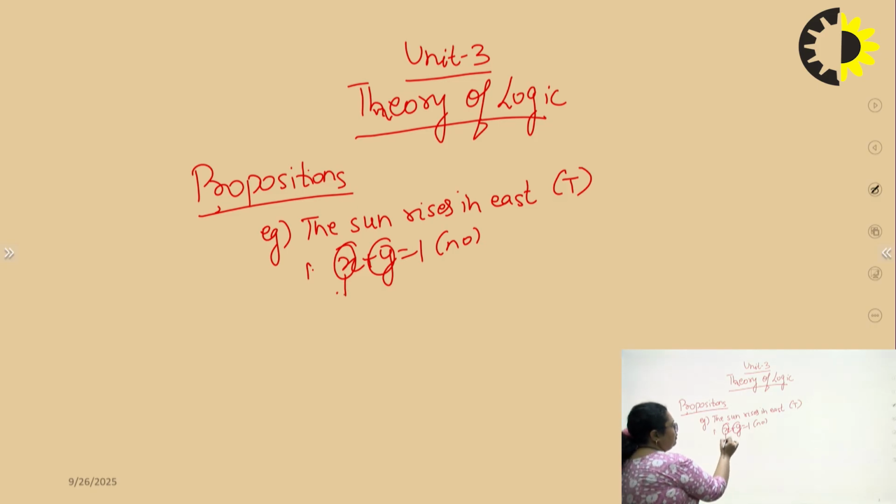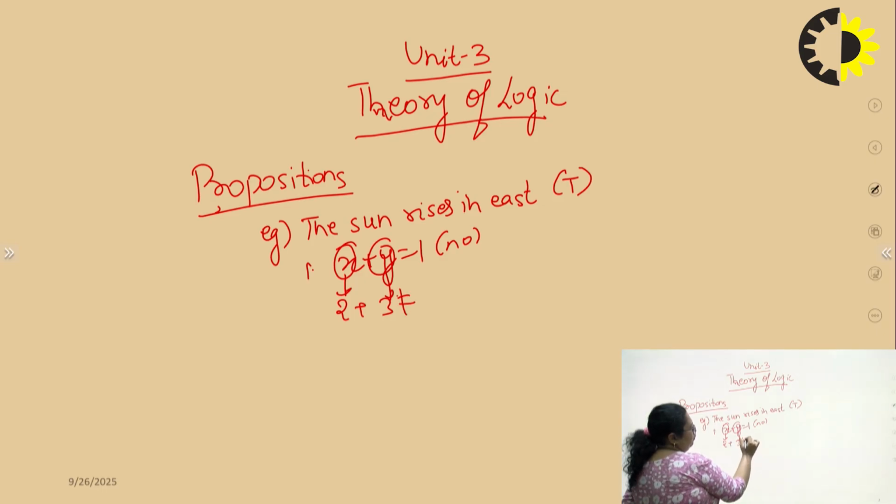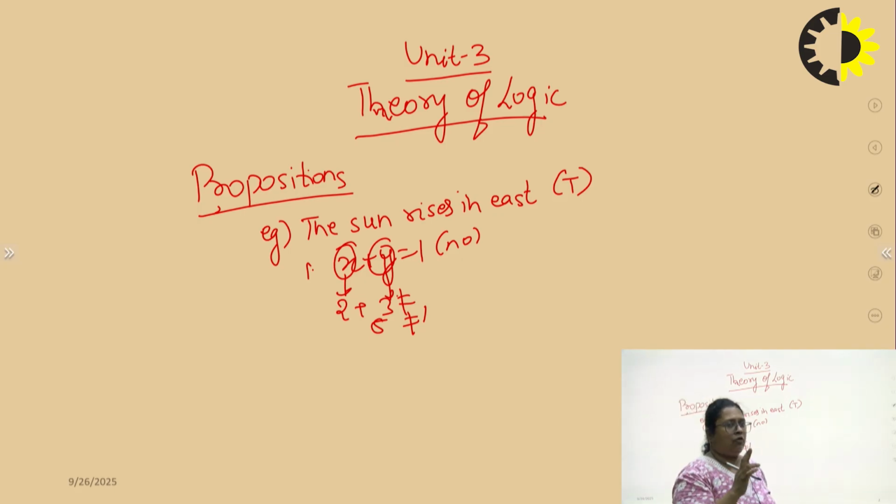Like, suppose the value of x is 2 and the value of y is 3. Then 2 plus 3 is equal to 5, which is not equal to 1. So we can say that x plus y equal to 1 is not a proposition because it is not giving a definite value, true or false.